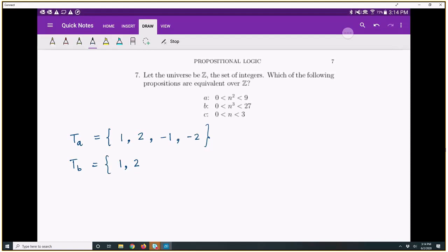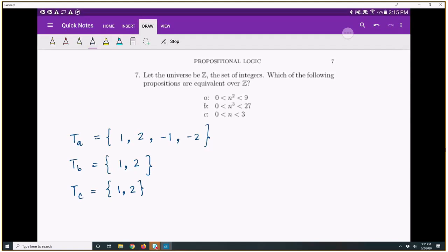What about the negative integers? Well, -1 cubed is -1. And -2 cubed is -8. So since I need to be larger than 0, this should be all of the possibilities. And then the proposition C, 0 is less than n is less than 3. And that's clearly just the integers 1 and 2.